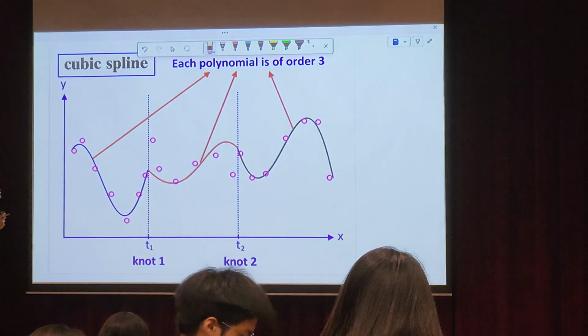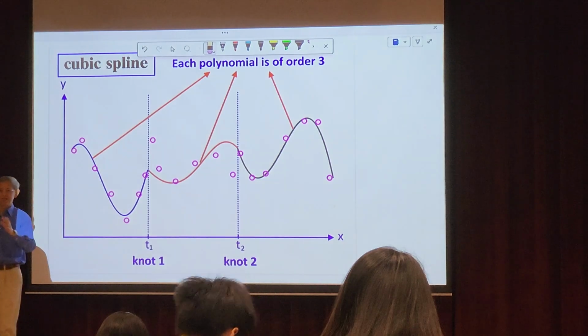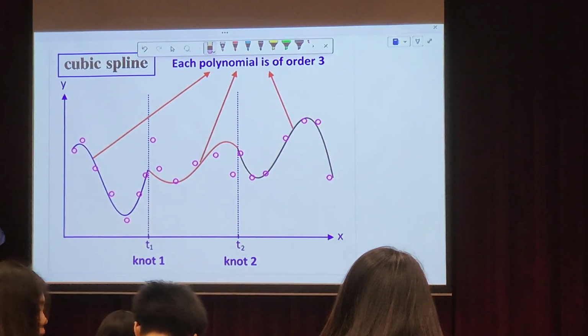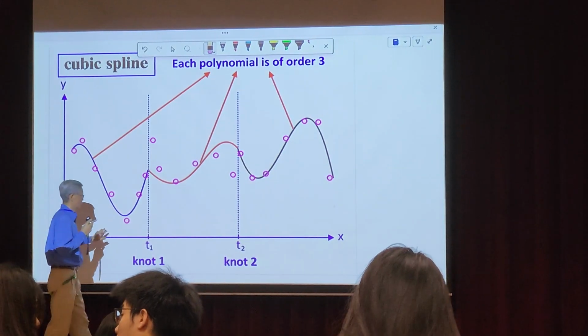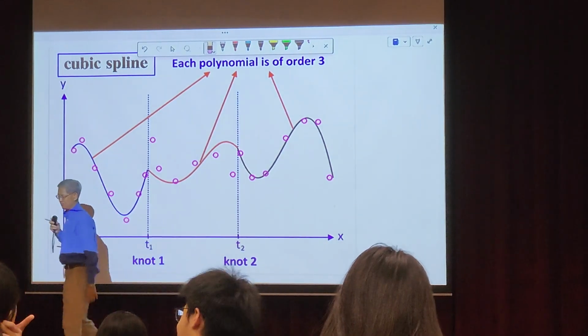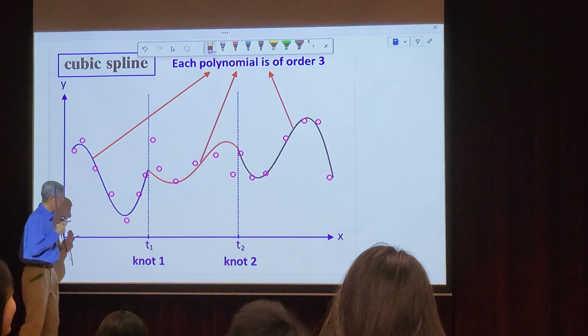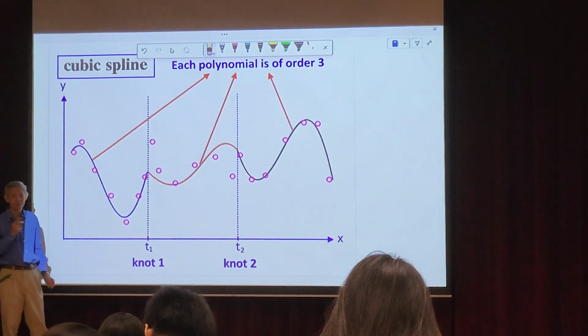Well, a very naive way of doing things would be, we now know that we want to fit a cubic polynomial in each segment, 1, 2, 3. So a naive way of doing things is use the data up to T1, fit a cubic polynomial.